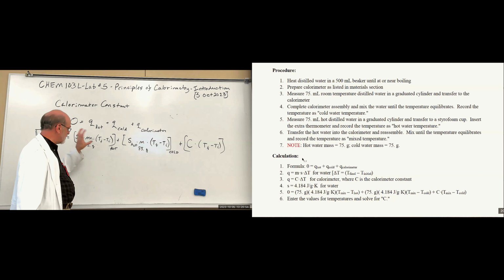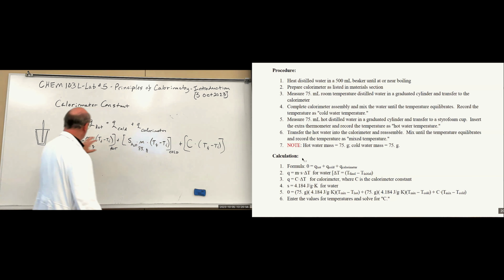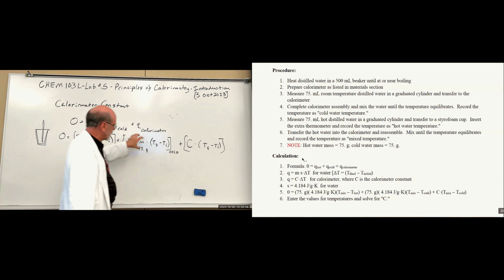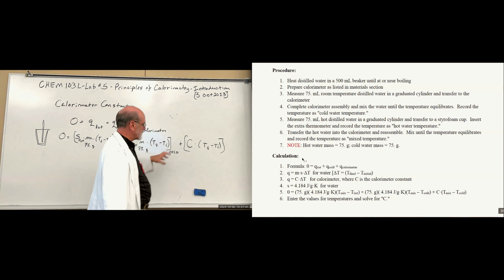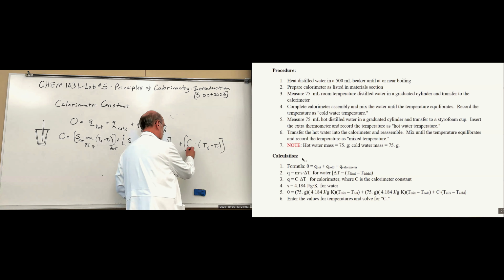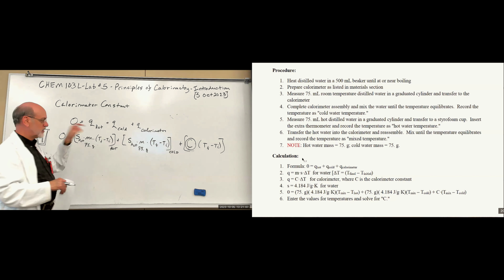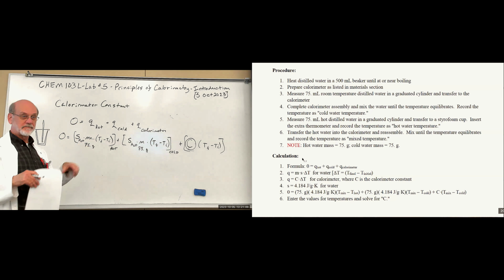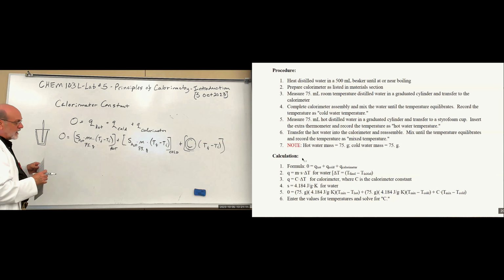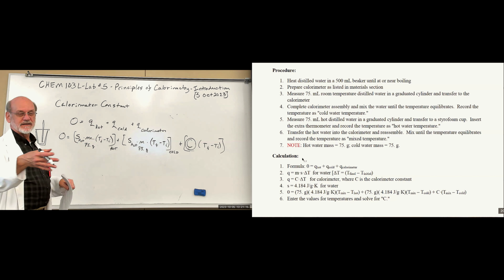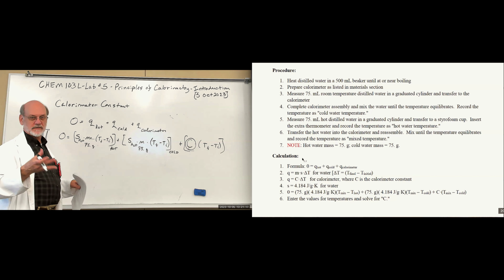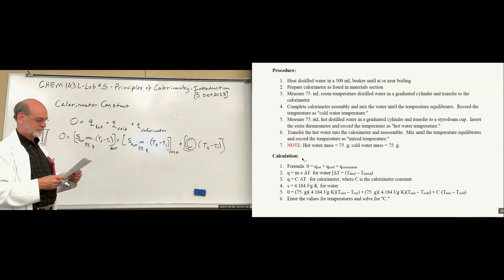We're going to know the mass of the water that goes in. We're going to know the specific heat of the water. The only unknown in this whole equation is the calorimeter constant. Once you've got that data, you can solve for the calorimeter constant. And then we're going to use that in subsequent experiments 1, 2, and 3.